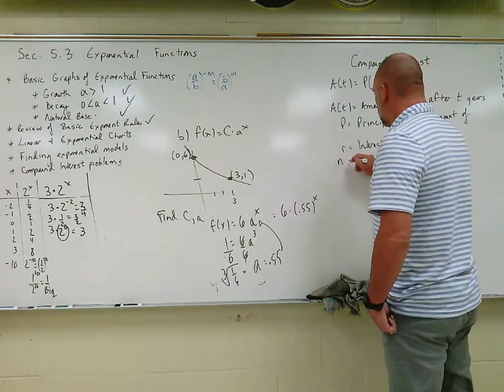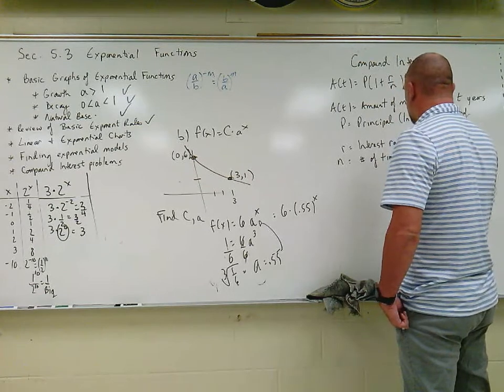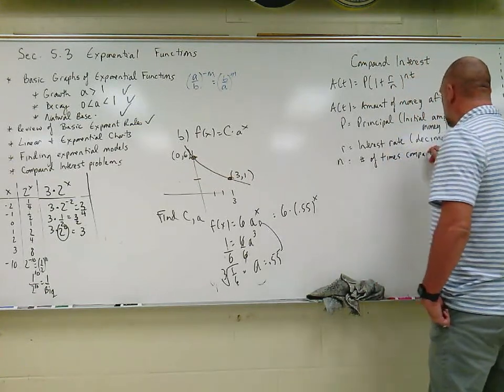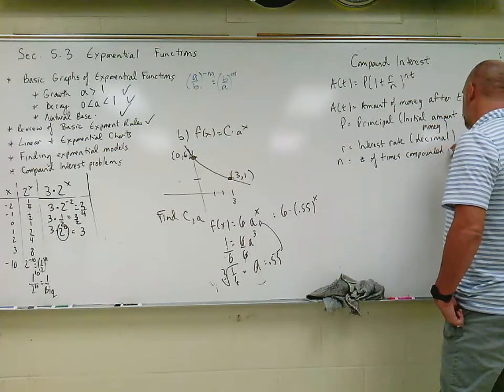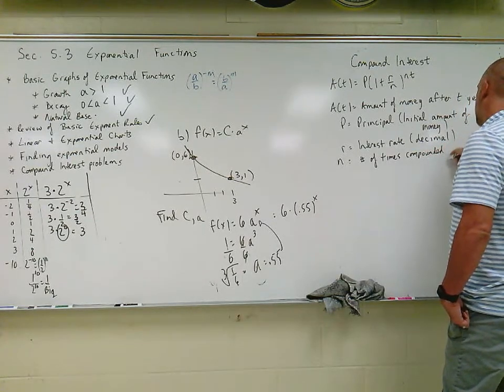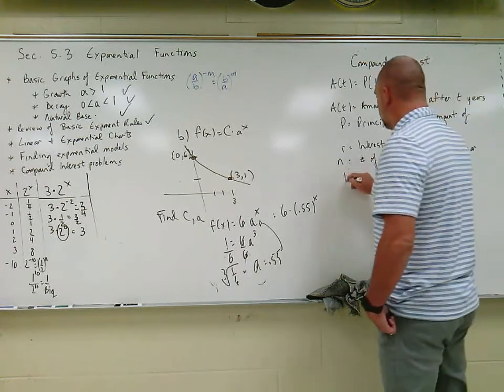N is the number of times compounded per year. So I'll give you some words in a second, and you'll have to know how many times a year that would be. Okay? And then of course T is time in years.